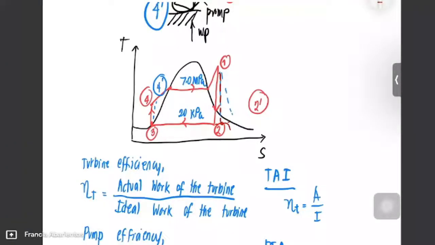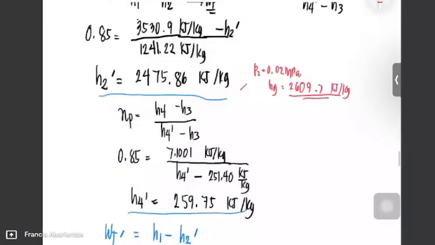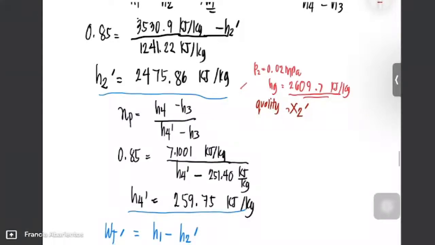Okay? Paano kung pinapahanap ko sa what is now the quality at this point? Yan. Paano mo yung solve yung x2 prime natin? Okay? So, balikan mo lang.